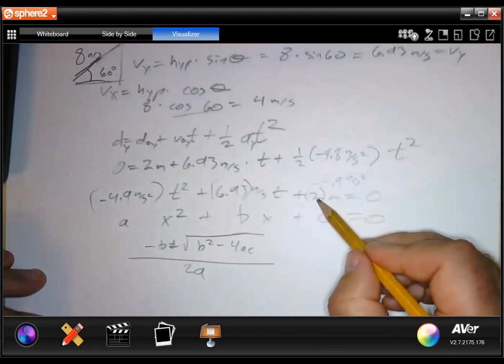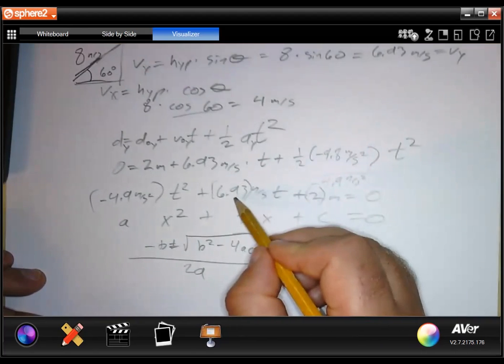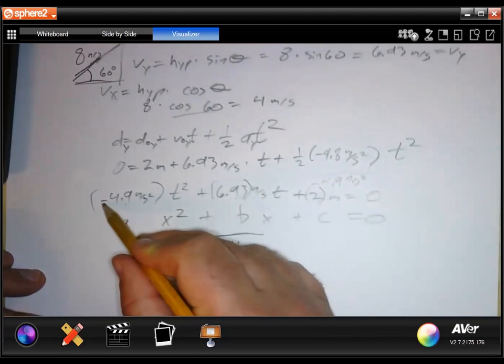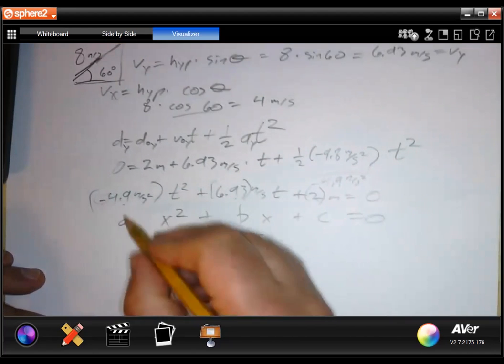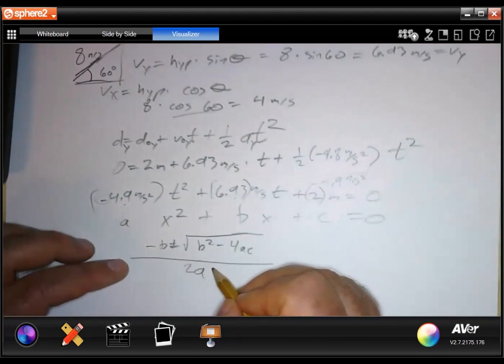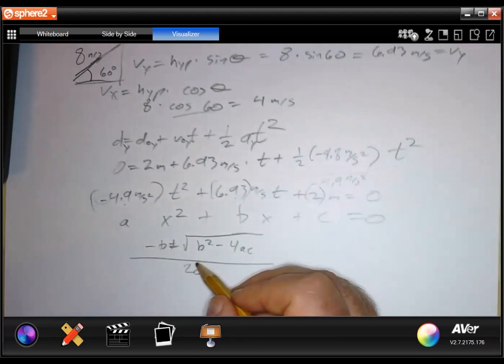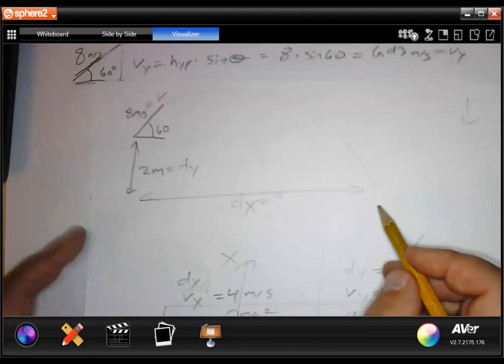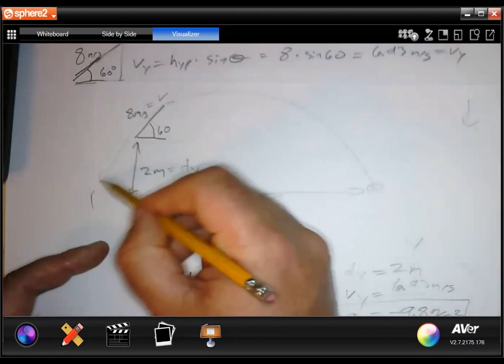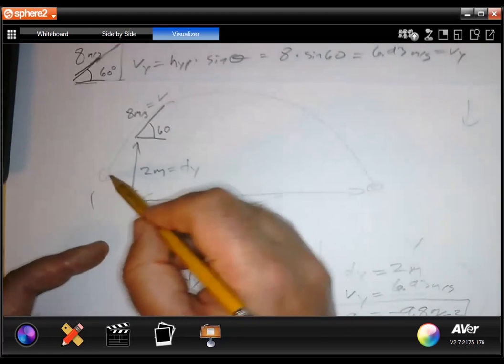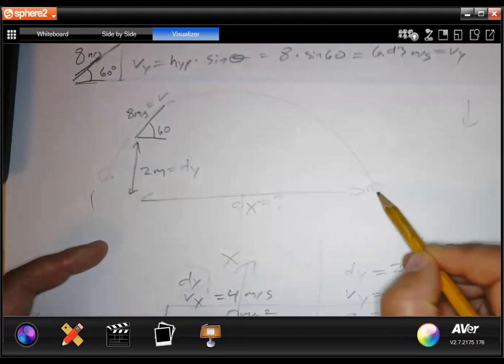Now it's important you get your positives and your negatives right. You started up, you were launched upwards, and gravity pulled you down. So our signs show up, up, down. We're going to carry those signs through here. If we're looking at our parabola, we get one point over here, and math would predict another point back here, but we don't have negative time. So we're only going to look for this number.